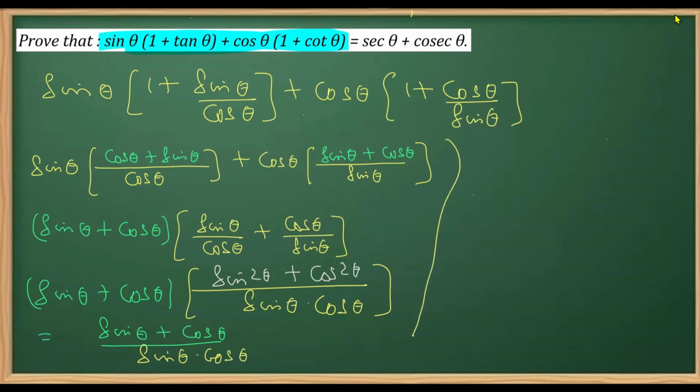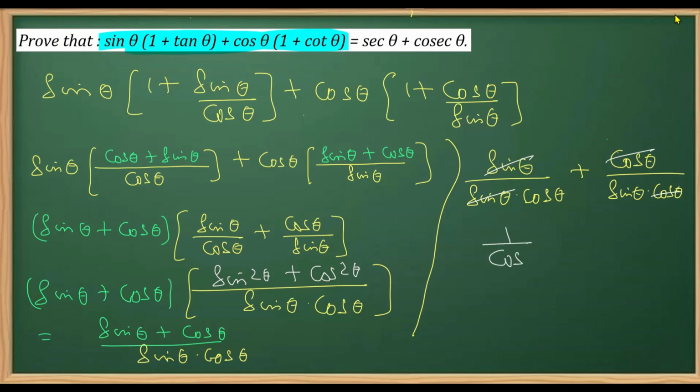Now check what we are going to do next: we are going to split this. I write sine theta divided by sine theta into cos theta, plus cos theta divided by sine theta into cos theta. So you can figure out from here that sine and sine get cancelled, and cos and cos get cancelled. So we are left with 1 over cos plus 1 over sine.